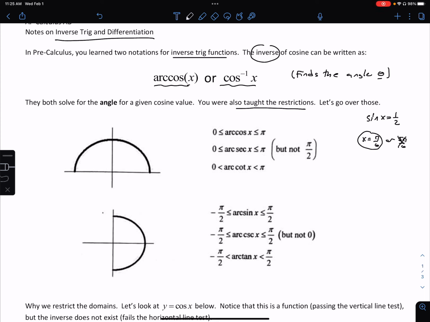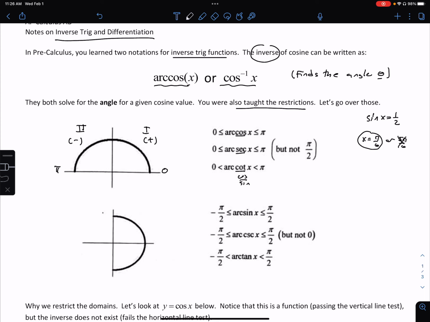So arc cosine, or anything cosine, arc secant, and cotangent, which is cosine over sine, all have the following restriction. We're going to restrict them from 0 to pi. And this guarantees us for cosine that in the first quadrant, cosine is positive, and in the second quadrant, cosine is negative.